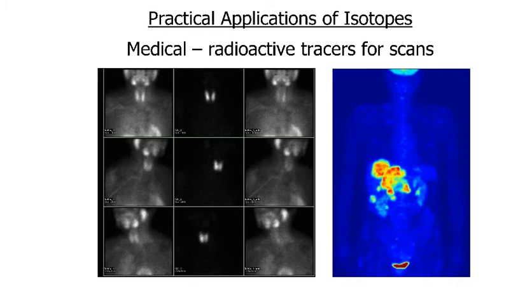Then when it gets into your bloodstream or whatever organ they're trying to look at, I believe this is the thyroid in the neck, right there, you can take pictures of it and see where it goes. You can see the internal structure of veins and so on, and where it collects. So radioactive isotopes are very useful for medical purposes, for scans and so on.